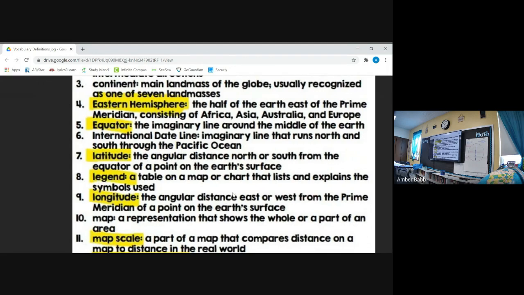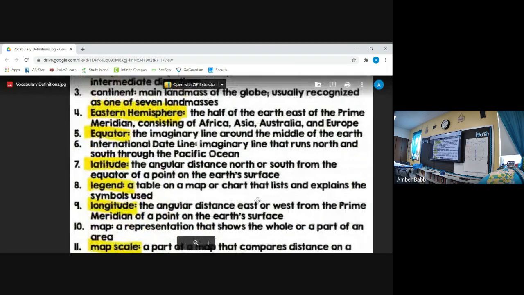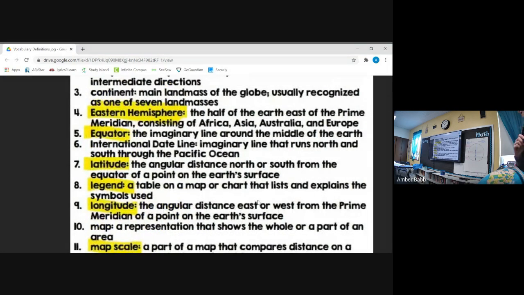Let me go back up. I remember it like this. Latitude makes me think of a ladder that you can climb, which means those lines run left to right.